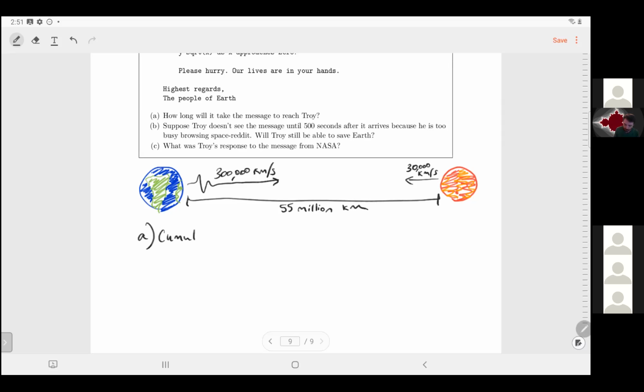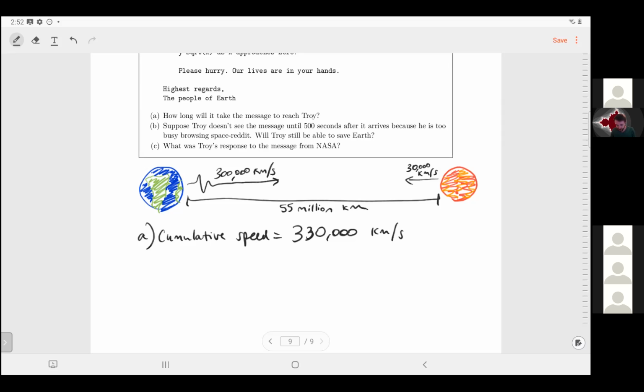Okay, so for that, I would say cumulative speed equals 330,000 kilometers per second. Okay. Actually, I guess this isn't going to work. I was thinking of something else.